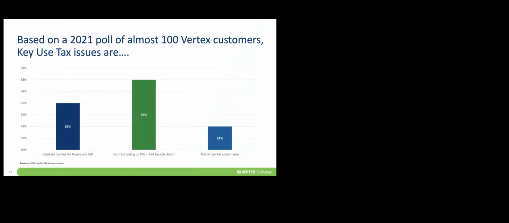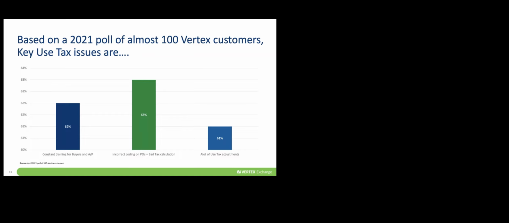So when we polled our 100 customers back in 2021, we found that quite a few had issues around the training needed for buyers in AP. And this was a lot due to the fact that you're dependent on how buyers and AP people process those documents in SAP. So we definitely saw that as being a fairly big challenge for companies in having to train those users to code things correctly.